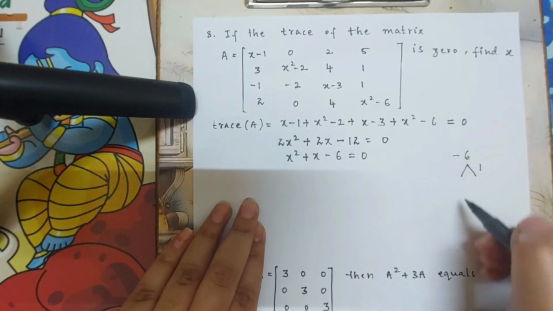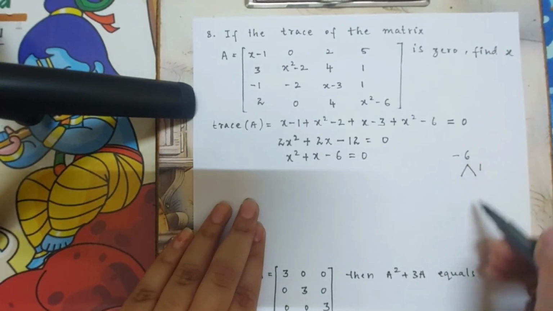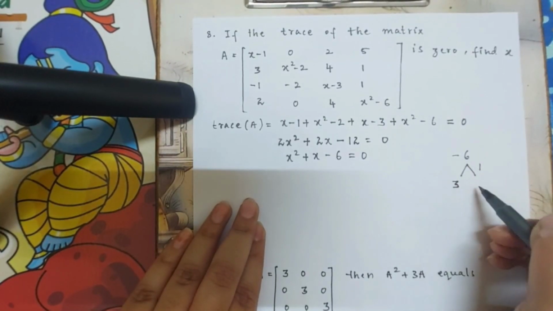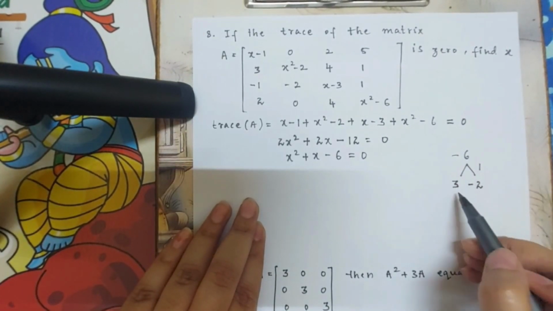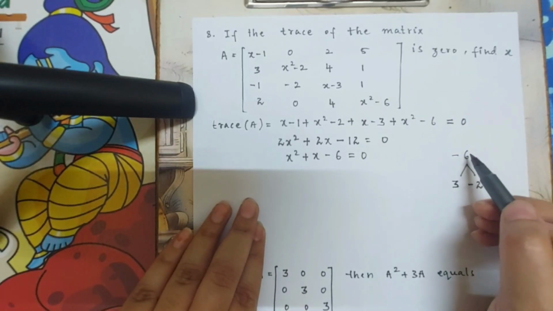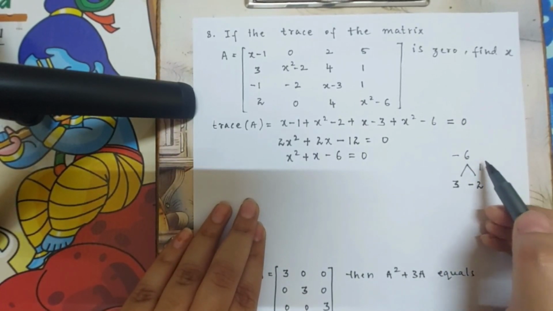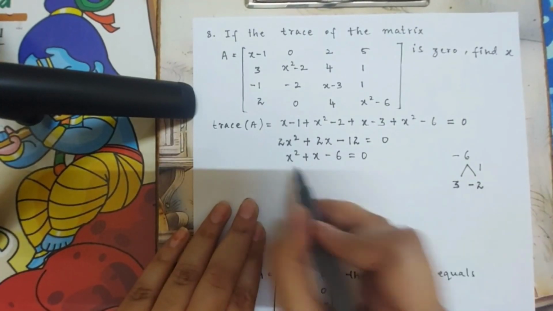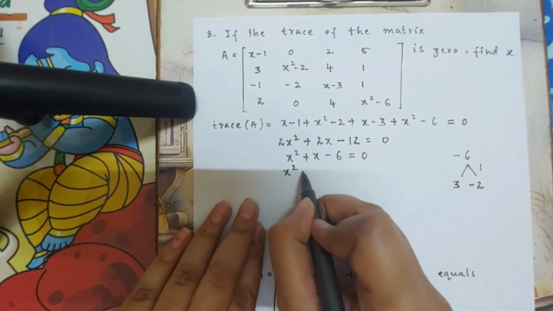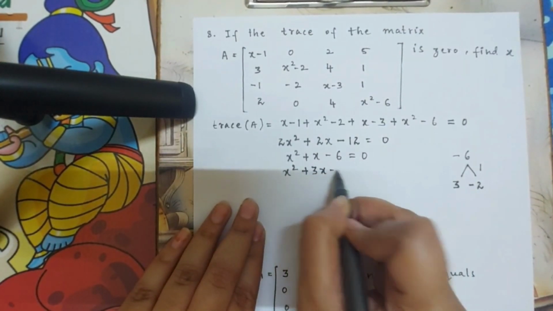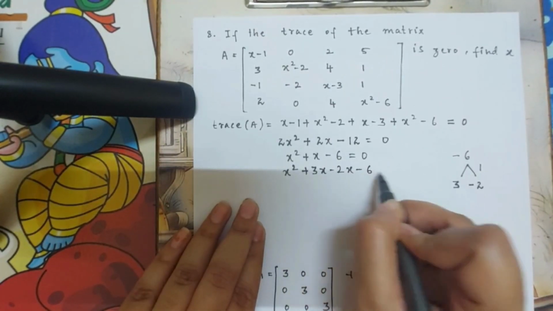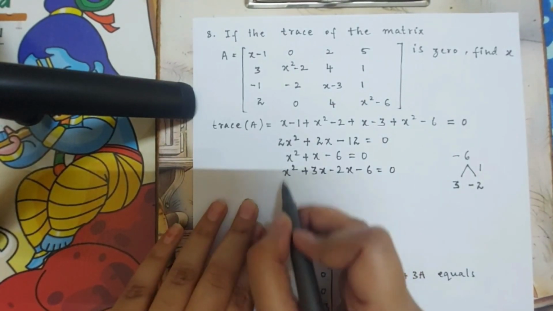So I can write the factors as 3 and minus 2. If I multiply 3 with minus 2, I get minus 6, and if I add 3 with minus 2, I get 1. So I can write this as x square plus 3x minus 2x minus 6 equal to 0.